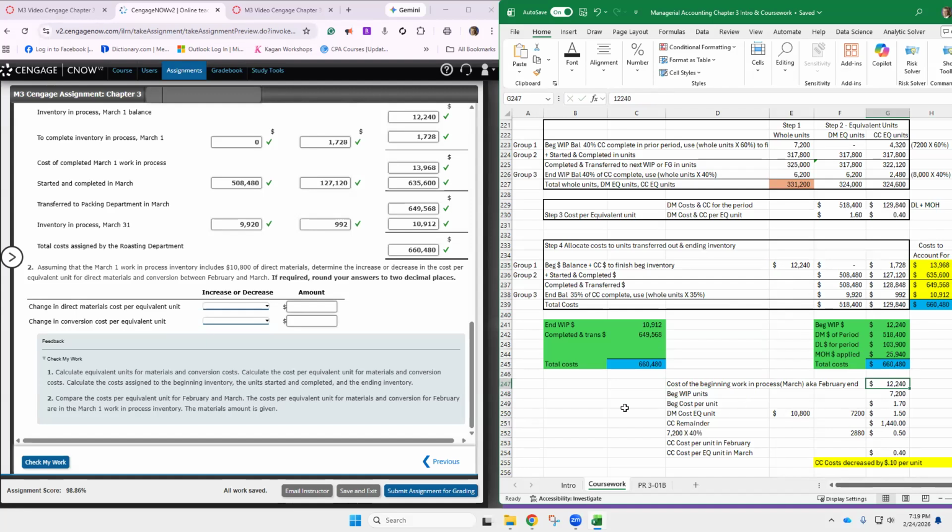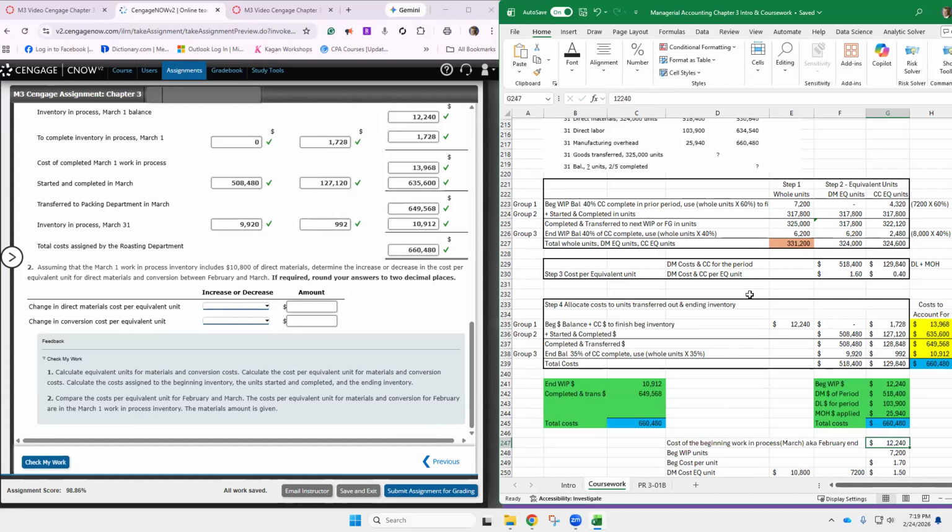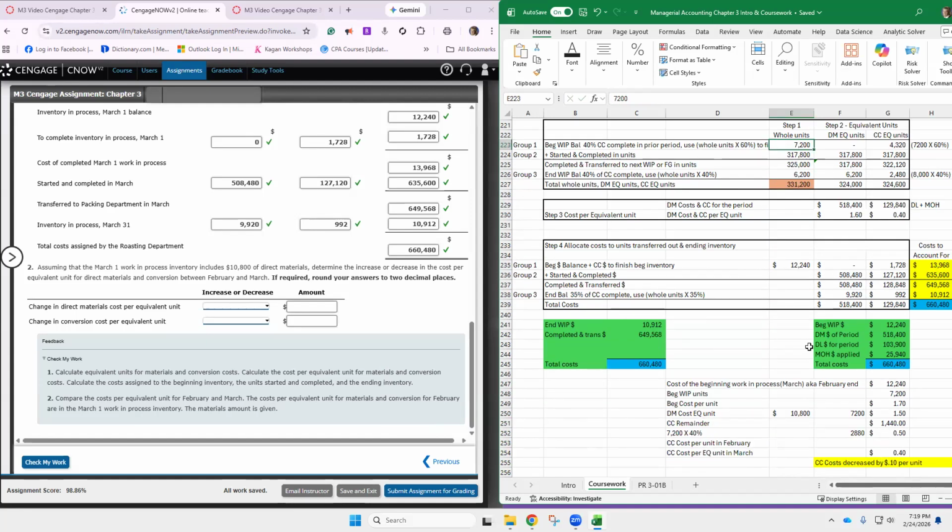How many units are in beginning WIP? Beginning WIP has 7,200 units. When I divide 12,240 by 7,200 units, I get a beginning cost per unit of $1.70.